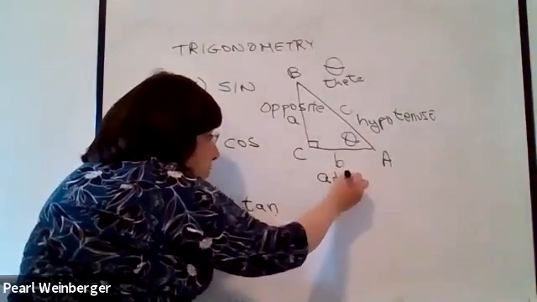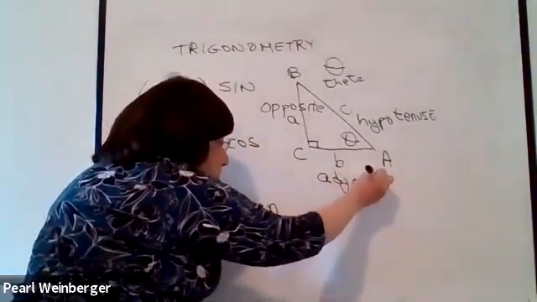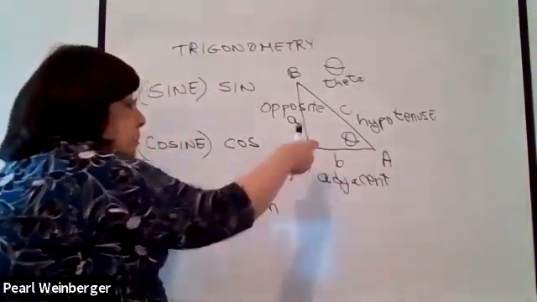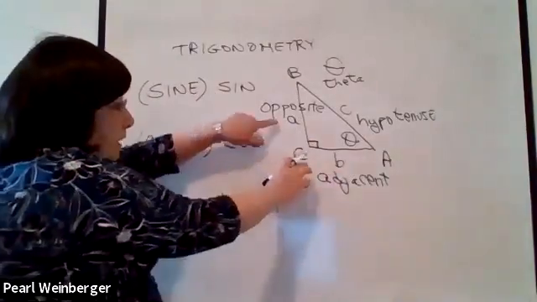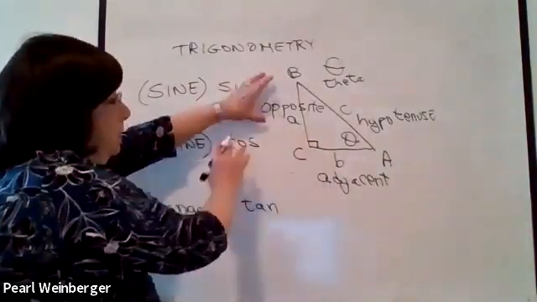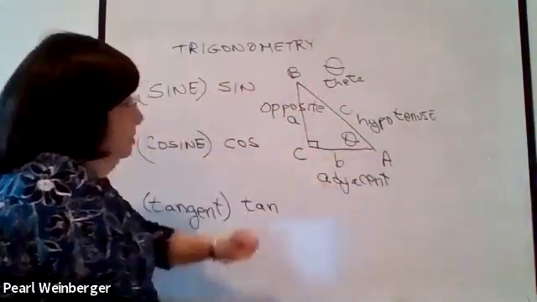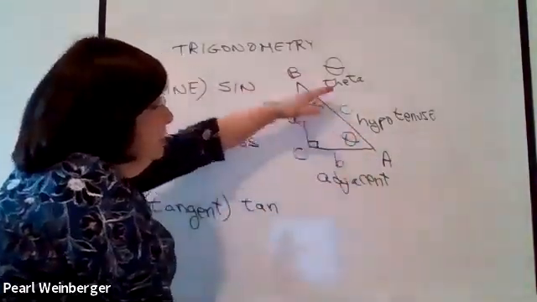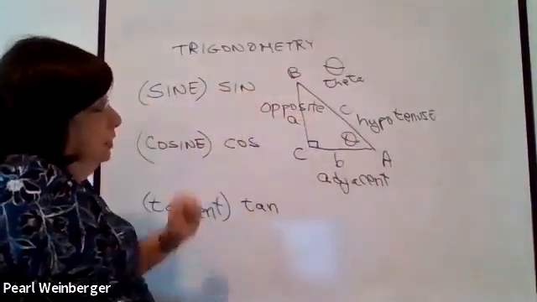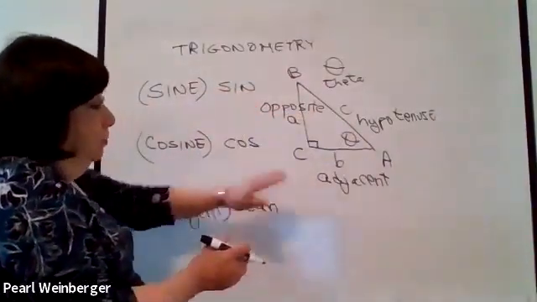The word adjacent means next to, so this is called the adjacent. So the A and the B are the legs, one being opposite the angle and one being next to it, the adjacent. And then the third side is the hypotenuse. That's always the one that's across from the right angle.